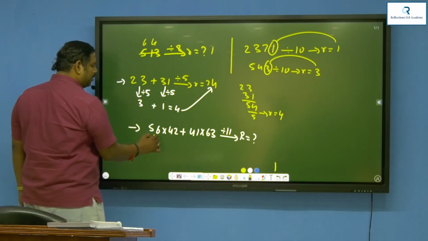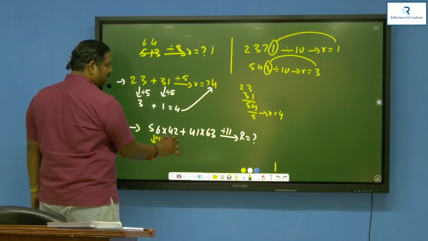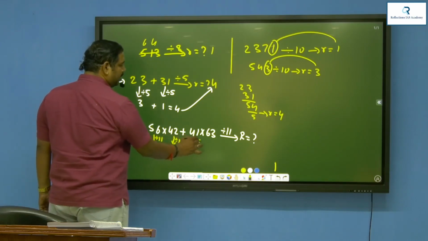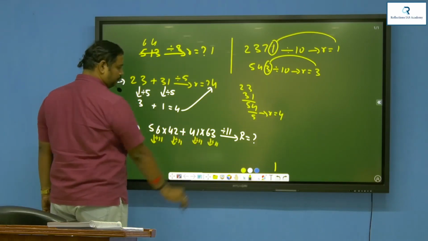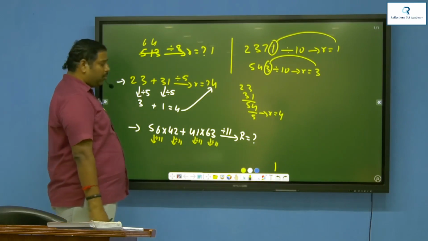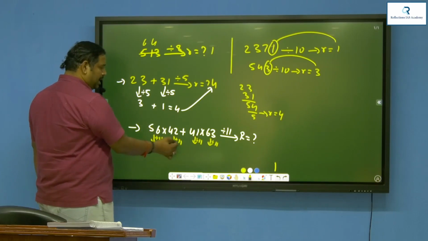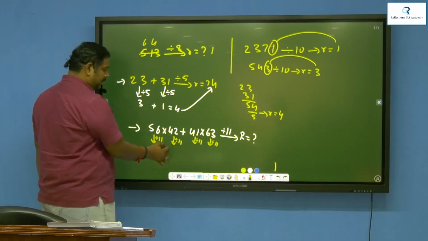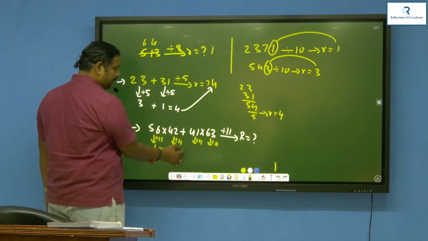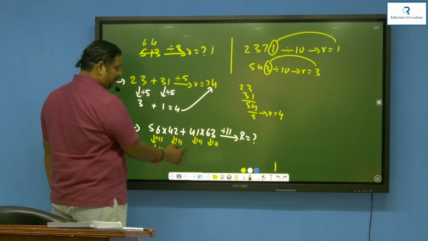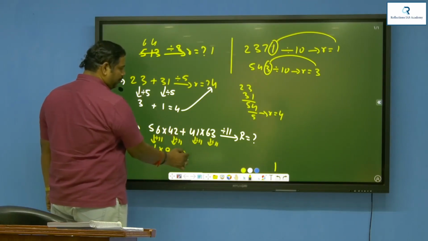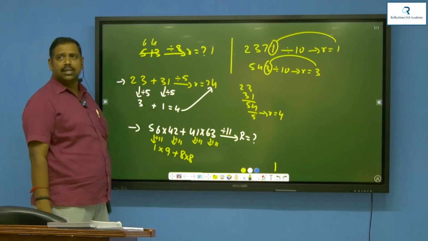Divide this one with 11, divide this one with 11, same to same. 11 5s are 55, remainder is 1, into 11 3s are 33, remainder is 9. Plus 11 3s are 33, remainder is 8, into 11 5s are 55, remainder is 8. Is it right or wrong?